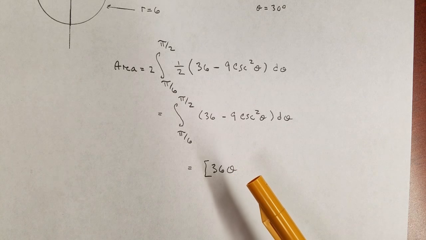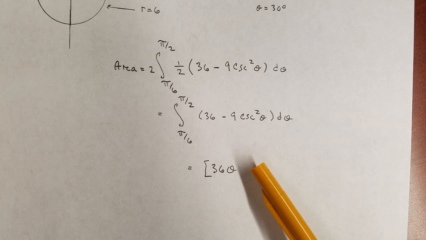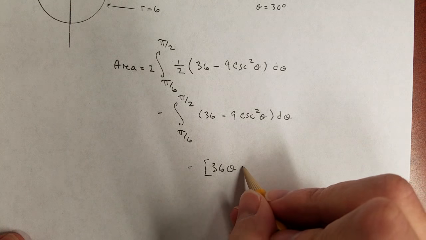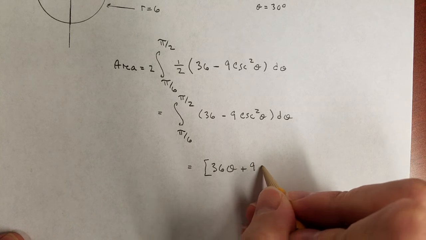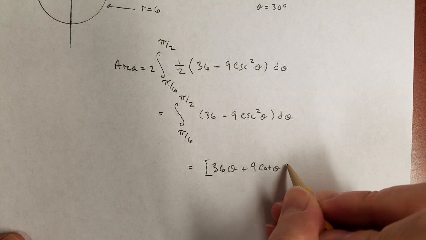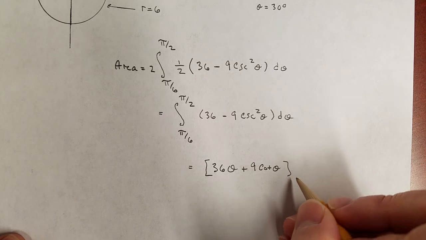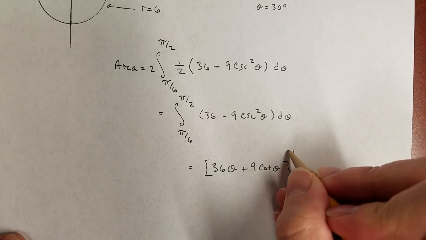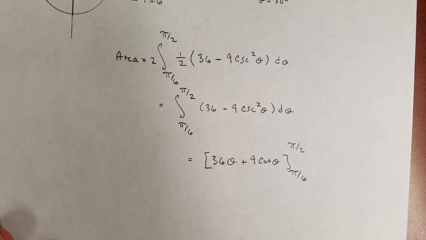That thing is cotangent. The derivative of cotangent is negative cosecant squared. So let's do plus 9 cotangent theta, evaluated from pi over 6 to pi over 2.